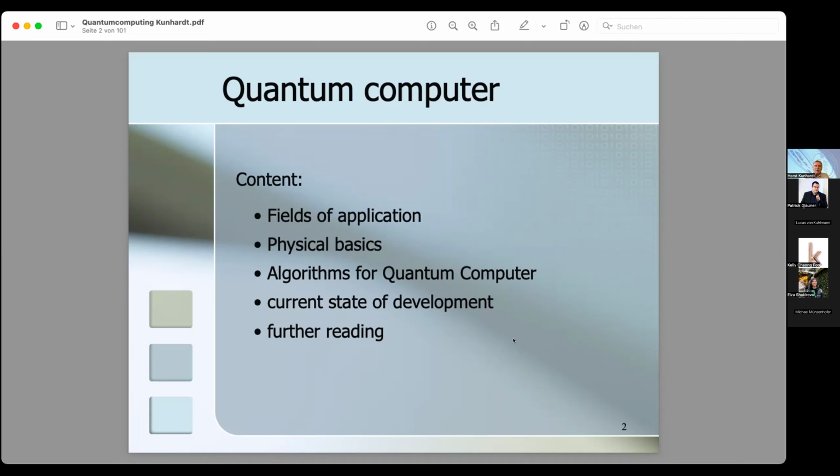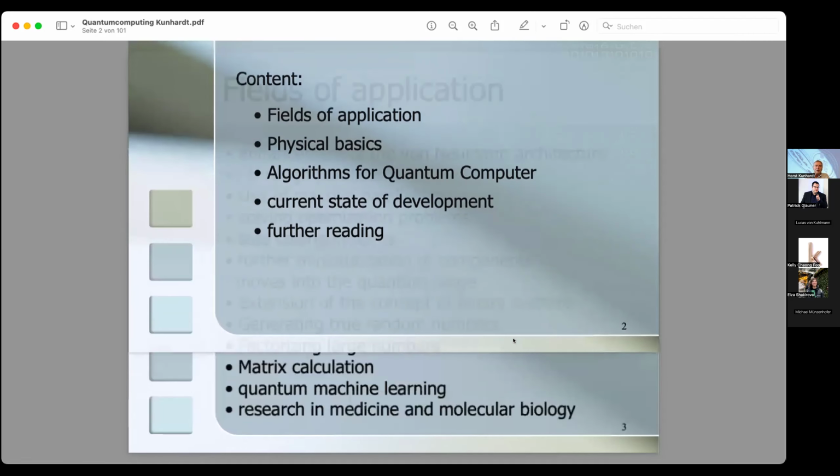But quantum effects already happened since many years, millions of years directly in nature. So what are the fields of application? We want to touch that field. Some physical foundations in physics, some words on algorithms for quantum computing and the current state of development, and some hints and suggestions for further reading.